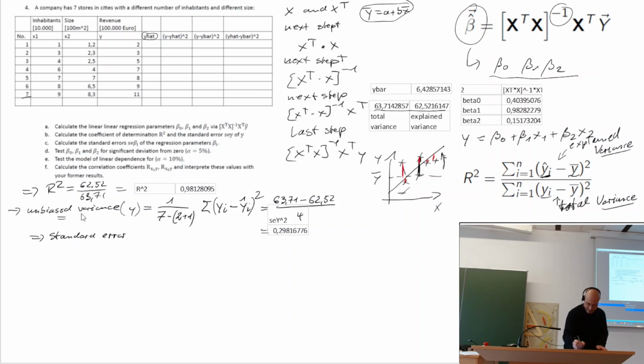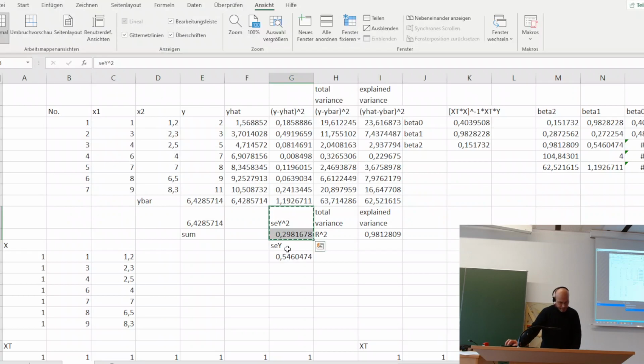So this is SEY squared. SEY is the square root of 0.298, and there we have this number here.